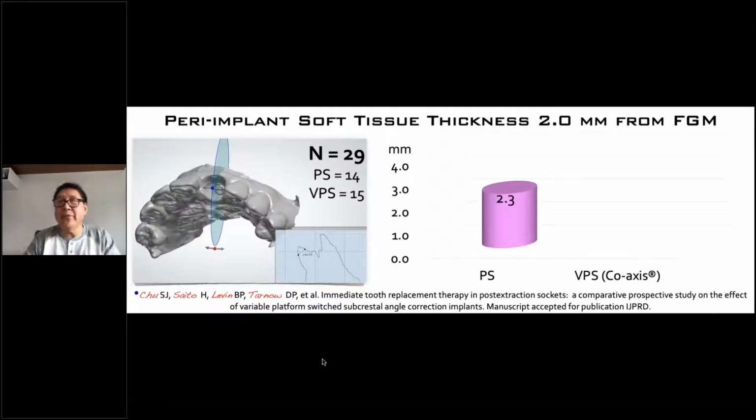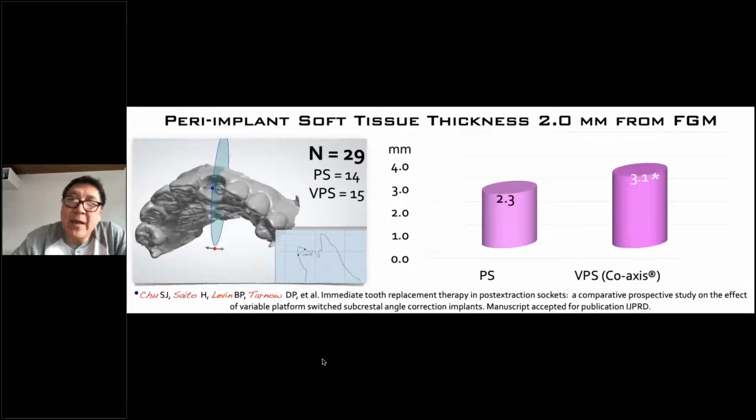And we found, as we looked at the data that Hanae had published on platform switching by itself, that using straight implants will enhance peri-implant soft tissue thickness, but using the variable platform switched or coaxial implant will enhance that even further, just by macro implant design alone, by anywhere from say 0.5 to 1 millimeter.